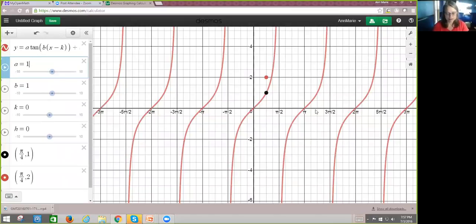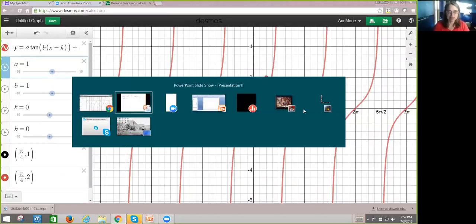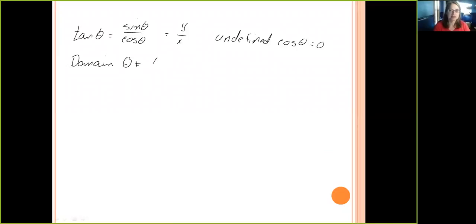Pi over 2, 3 pi over 2, 5 pi over 2, 7 pi over 2. So it's pi over 2 plus k pi. Right? Because at all of those places, cosine is 0, and k is any integer, positive or negative.